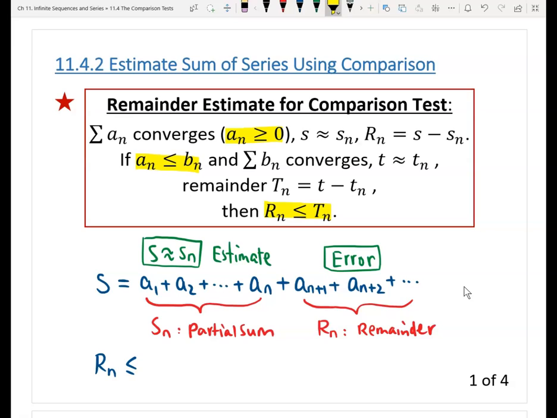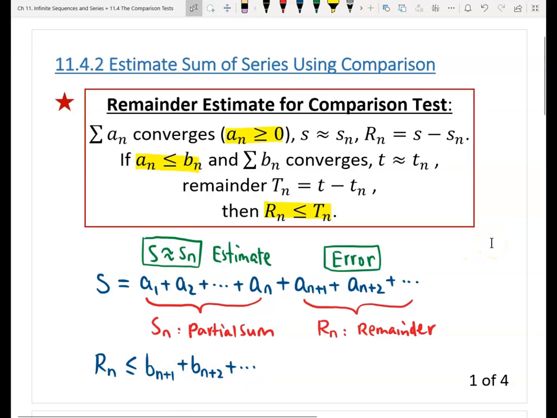Therefore An+1 is less than or equal to Bn+1, and then An+2 is controlled by Bn+2, and then it goes on. Does this make sense? Which means the remainder of the A series here is controlled by the remainder of the B series.